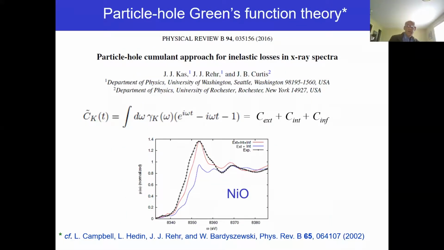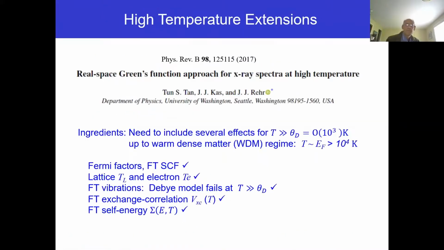So in the end, when you calculate this with the cumulant and add them all together, you basically fix up all of these missing spectral pieces and get a reasonable agreement.